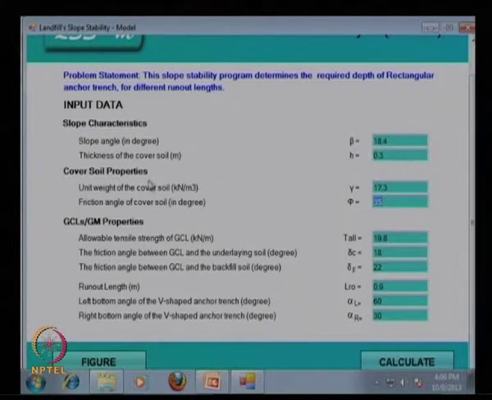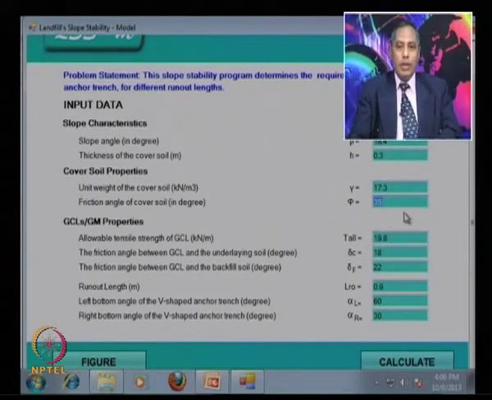So, this is the problem statement: the slope stability program, determine the required depth of the anchor trench for the different runout lengths. Here slope characteristic beta is 18.4 and the thickness is 0.3. This is the cover soil property, gamma is equal to 17.3, phi is equal to 35.